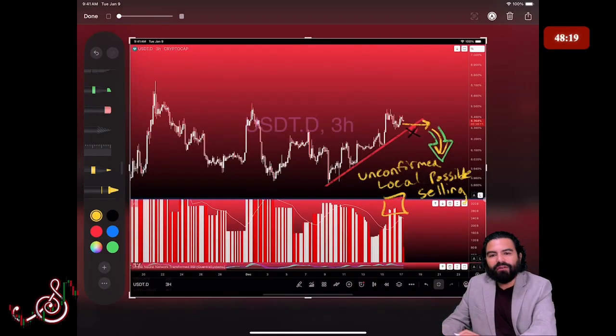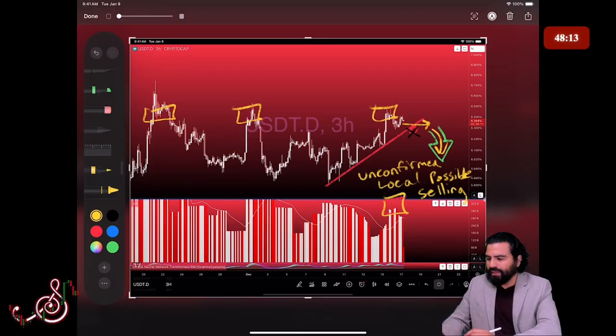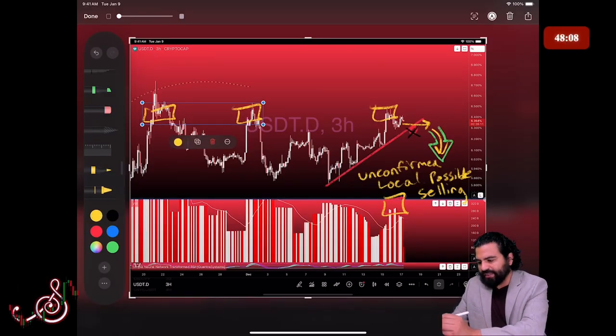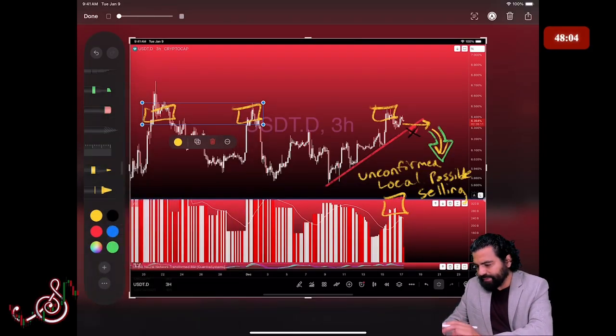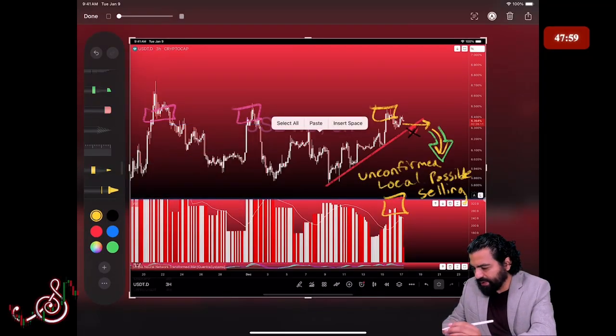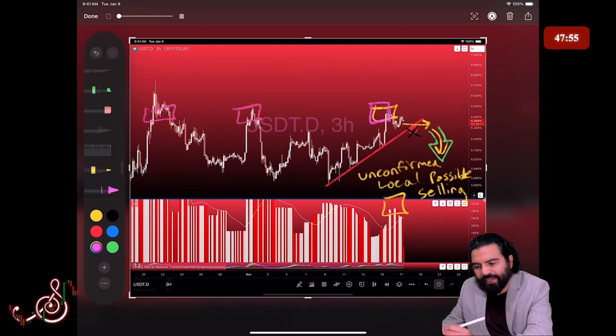What we do have is volume, a block that we can compare to. So this needs to be a little bit different in color. Let's just do a pink for this, and then I'll draw another pink box to denote I'm doing another calculation.